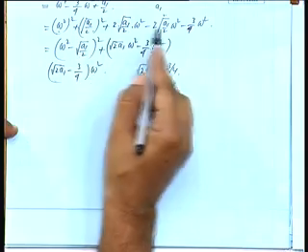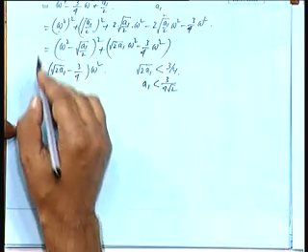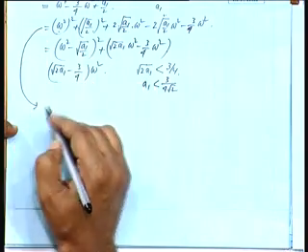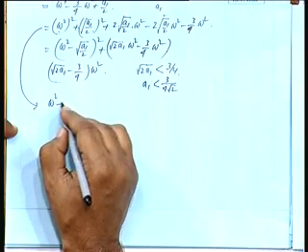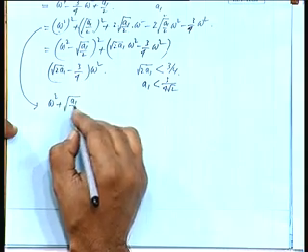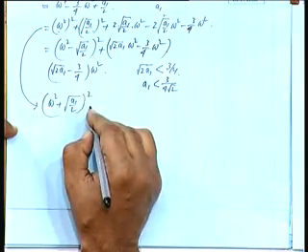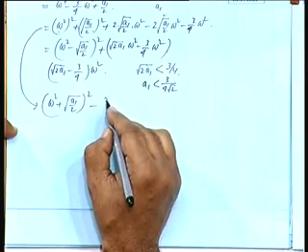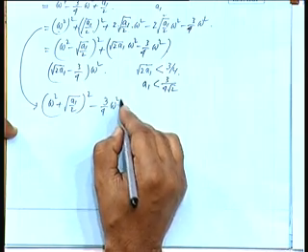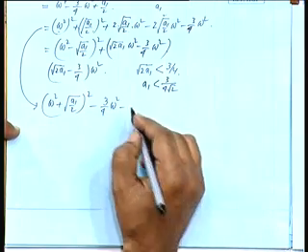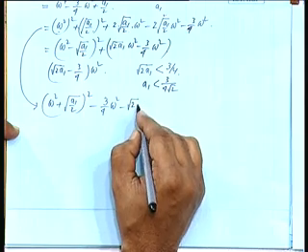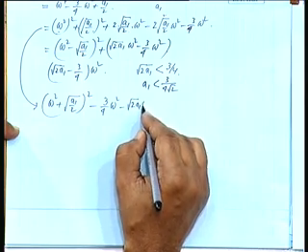If we take the positive term, on the other hand, it will be omega squared plus root a1 by 2 whole squared minus 3 by 4 omega squared minus root 2 a1 omega squared.